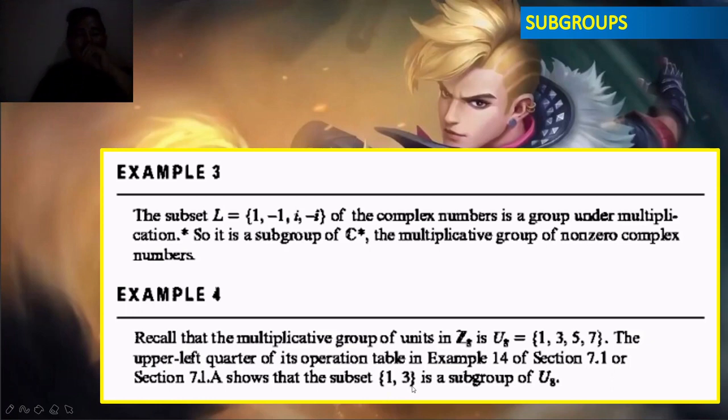Then the inverse of 3, who is it? 3 times 3 is 9, which is 1 in Z8. So 3 times 3 itself is equal to 1. So its inverse is 3 again, itself. The inverse of 1 is 1. So the inverses exist, and the identity 1 is there. So this is a group, and it is a subset of U8. So it is a subgroup of U8. Okay.